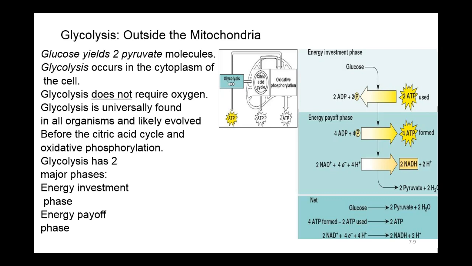You actually have 4 formed in the payoff of the breaking down of that glucose molecule, and that means you have an energy payoff of 2 ATP, plus this electron carrier, NADH, which is the biggest payoff with regard to glycolysis, which then can go into the citric acid cycle.